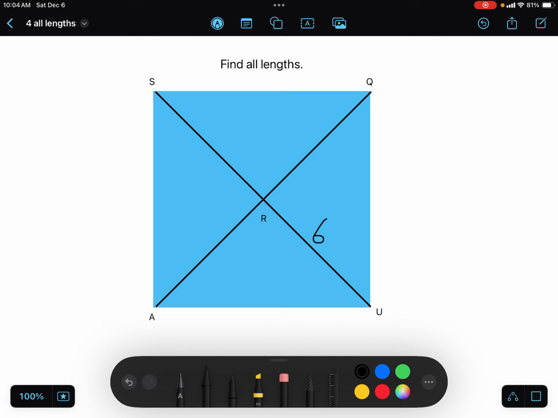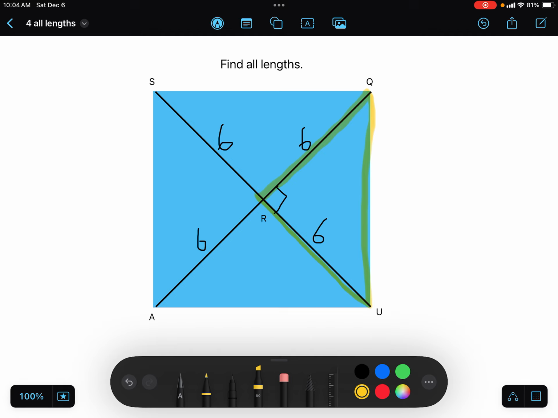Well, we know because this is also a rectangle and also a rhombus, that all of these halves are also going to be 6. And we remember, of course, that we have a right angle there. And so over here, let's look at this right triangle.